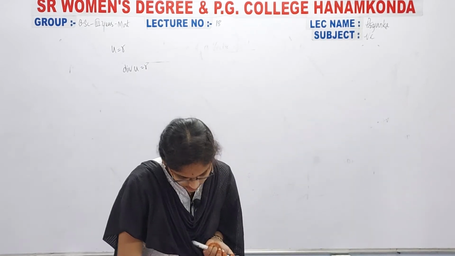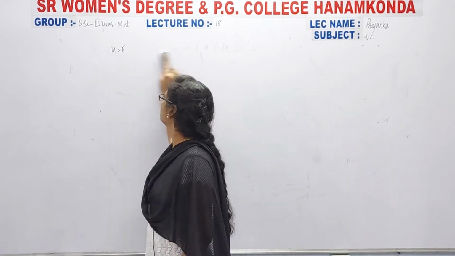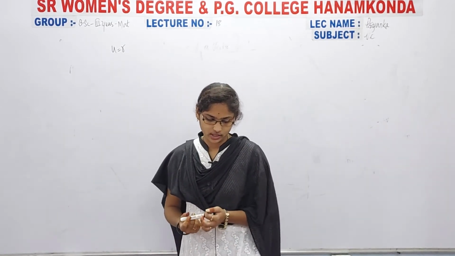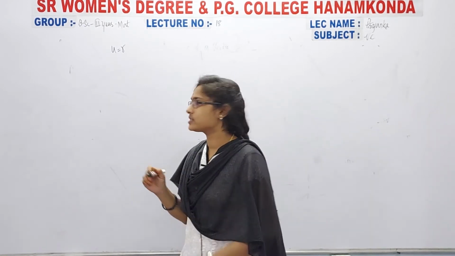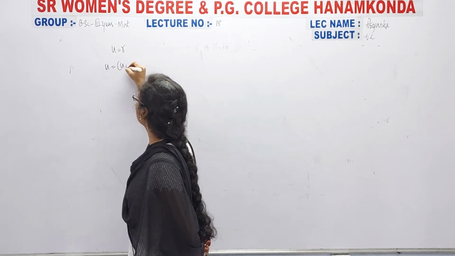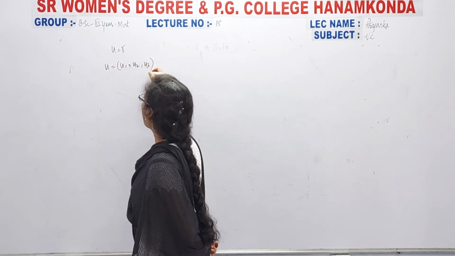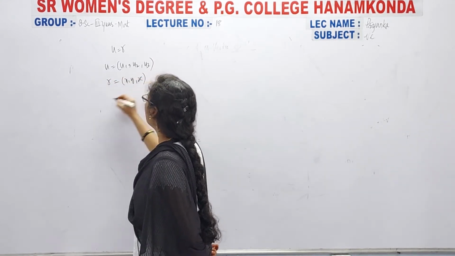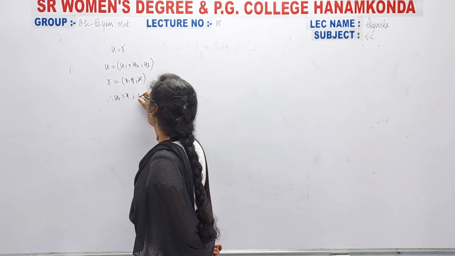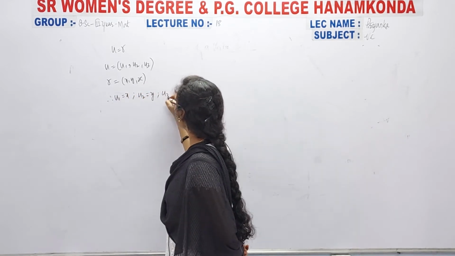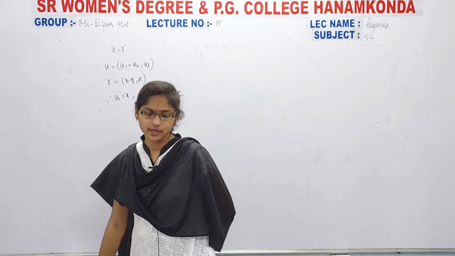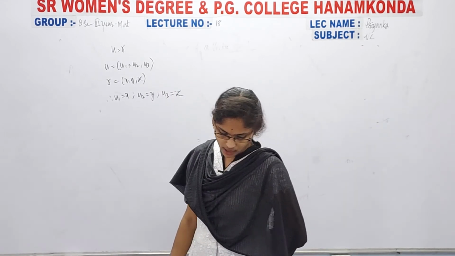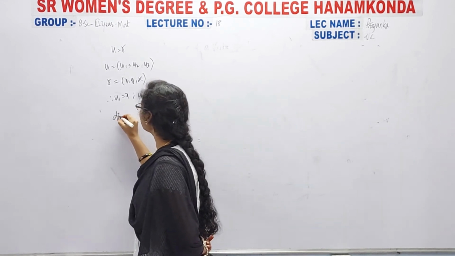Now write down, given that the vector field is u. We take u as u1, u2, u3, and they gave the r value. r is nothing but x comma y comma z. Therefore u1 is equal to x, u2 is equal to y, and u3 is equal to z. What they mentioned is u is equal to r. So now first of all I am calculating the divergence of u.